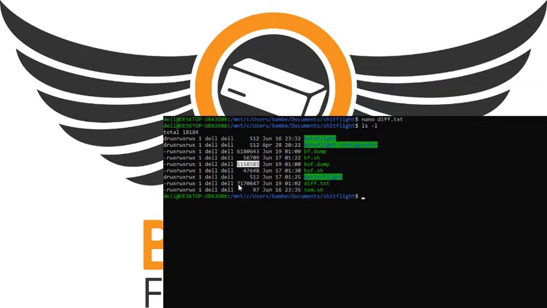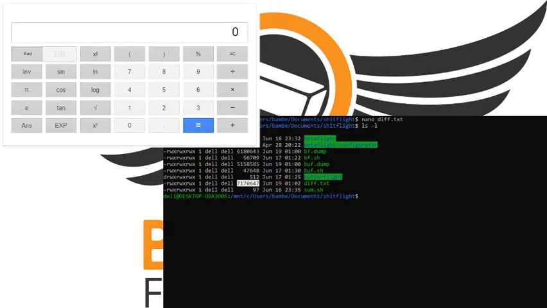But this is the most important thing. The difference begins with a 7. So now if we put these numbers into a calculator, this is a professional calculator I have right here, we can add the original files together.